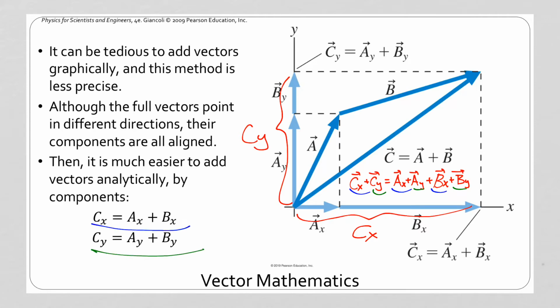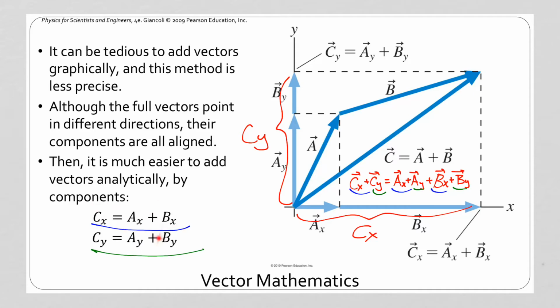And so when we're trying to add or subtract vectors, all we have to do is break all the vectors up into components, and then we just add them all up, and the component of the resultant vector is just the sum of all of the corresponding components of the input vectors.